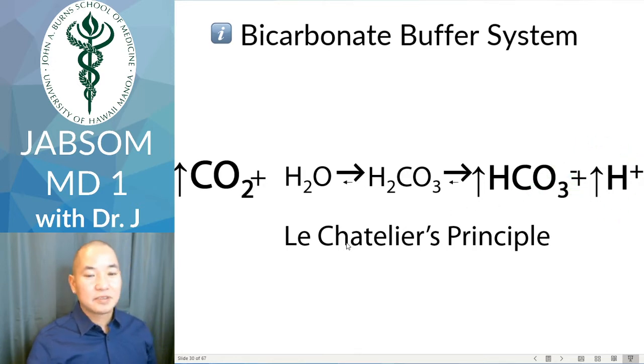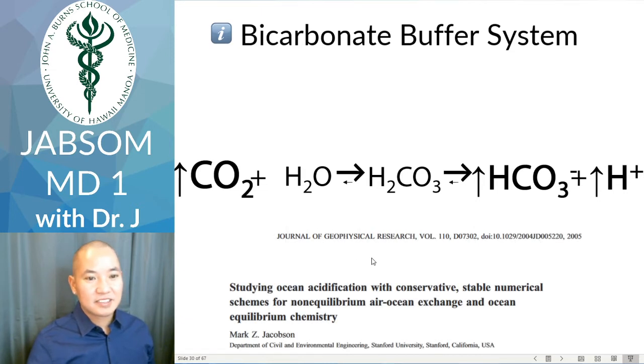Now, another example of this, I actually learned from my colleague in ocean science and earth sciences. Things like ocean acidification: there's more carbon dioxide in the atmosphere, and many marine organisms, such as coral, have an enzyme called carbonic anhydrase. It has the same overall function as the carbonic anhydrase in our cells.